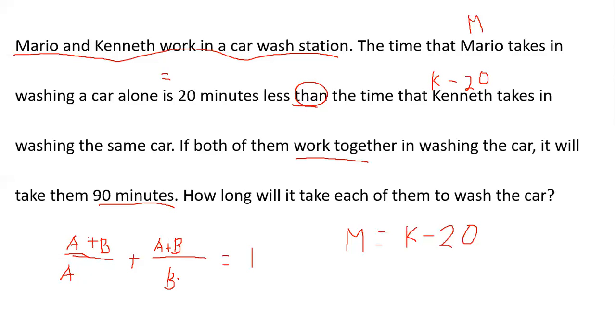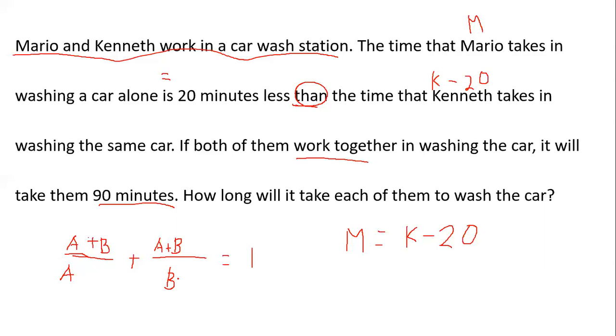Sa word problems, sa work problem po, usually po dalawa po yung ginagamit na variables. Bakit? Kasi meron tayong dalawang quantities na ginagamit or meron tayong dalawang units na nagtatrabaho. So in this case, problem po na binigay ngayon is we have Mario and Kenneth.